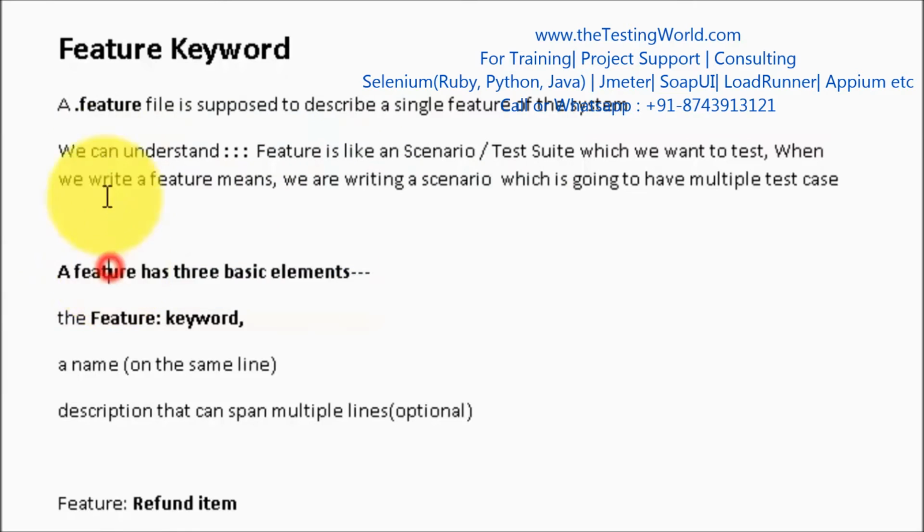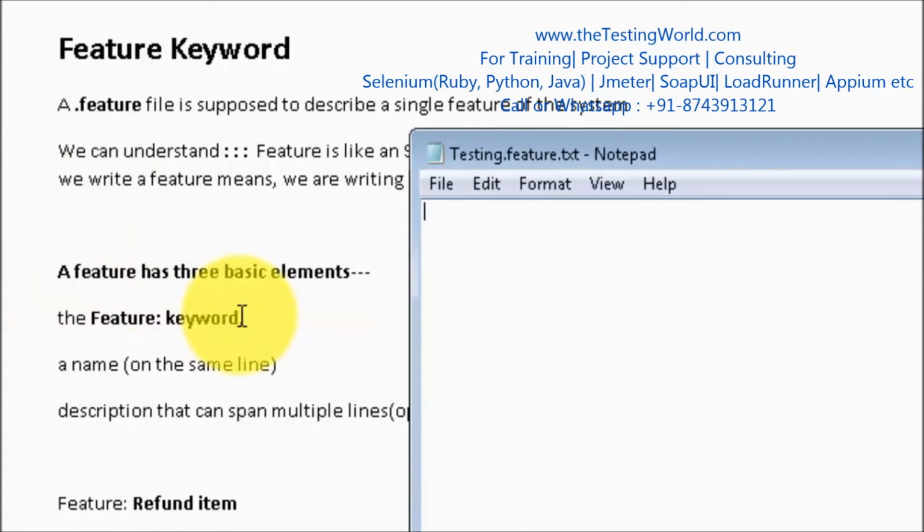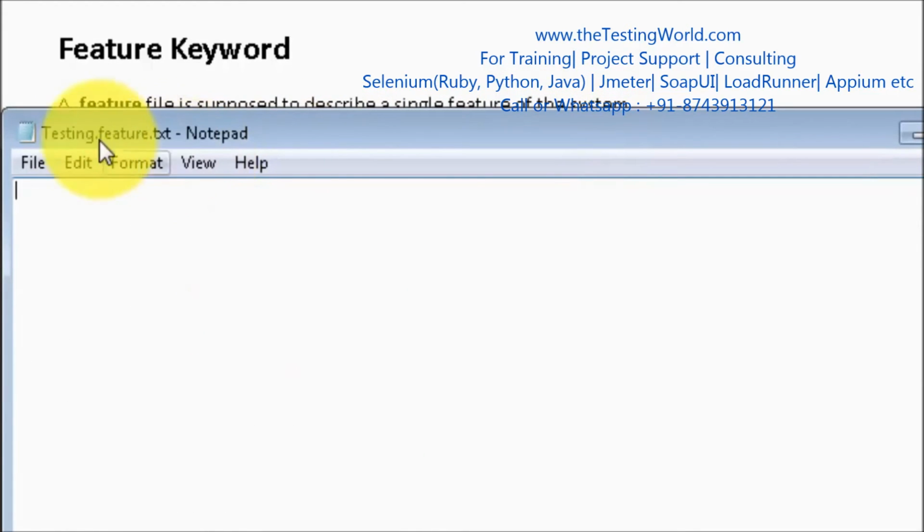A feature file has three basic keywords. Whenever we are creating a feature file, we have to create a notepad file with the .feature extension. We start with the keyword feature. And now what is the name of your feature?